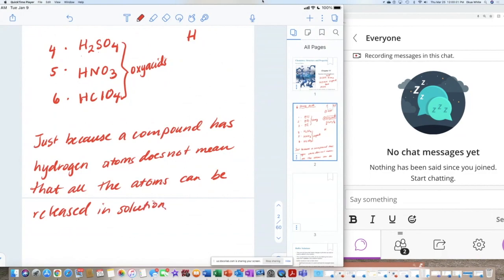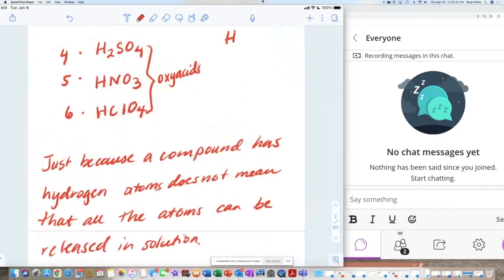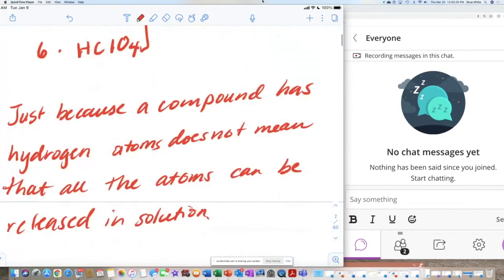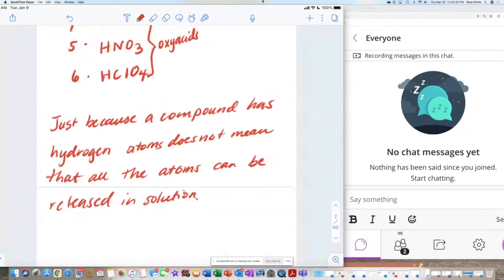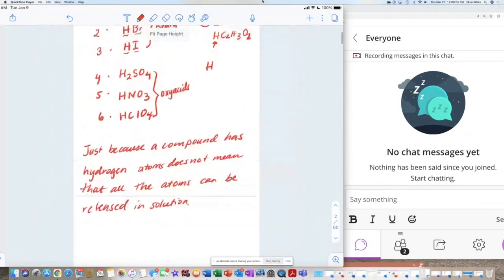The point being that just because the hydrogen is in the formula doesn't mean that all the hydrogens can be released or lost to the solution. So our example here is acetic acid.